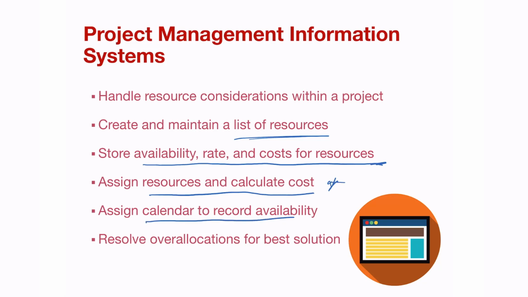You can assign a calendar to them to record availability, and also resolve over allocations for the best solution. And again, project management software is an invaluable tool to manage the people and their schedules when you allocate resources.